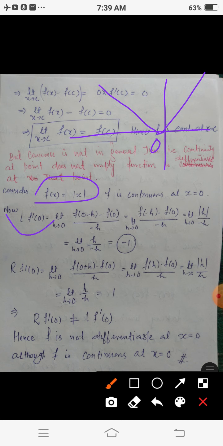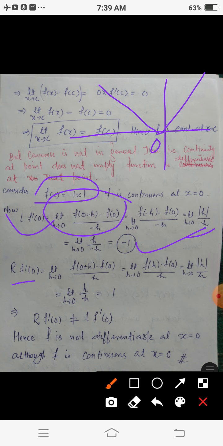The left derivative at 0 is denoted by L f dash of 0, which is limit h tends to 0 of f of 0 minus h minus f of 0 upon minus h, which is simply limit h tends to 0 of mod h upon minus h. Now mod h upon minus h is simply minus 1.